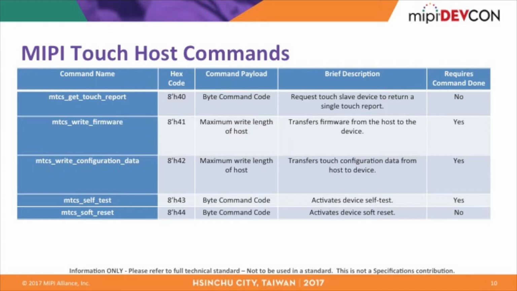The command that you'll use 99% of the time is called MIPI get touch report. What this command does is simply ask the slave device to provide the touch data. That's all it does. It says, if you have touch data, give it to me. And we'll talk about how that happens.